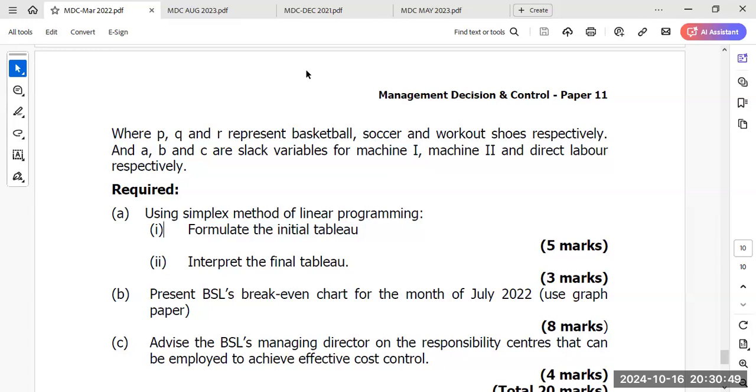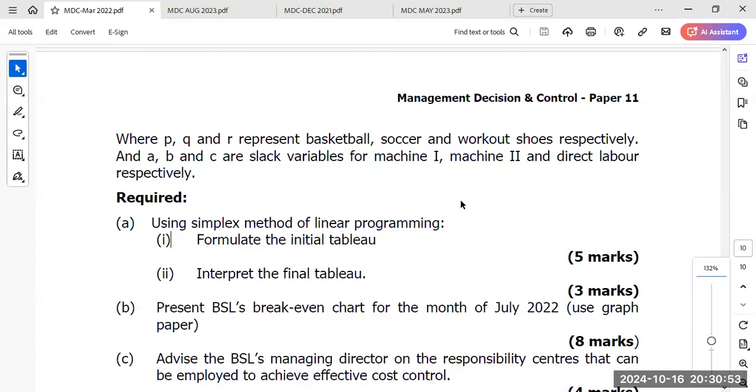Are you seeing my screen, colleagues? Someone confirm? Yes, we are. Okay, Roman 1, we are told to formulate the initial tableau. Then Roman 2, we are told to interpret the final tableau. 8 marks.